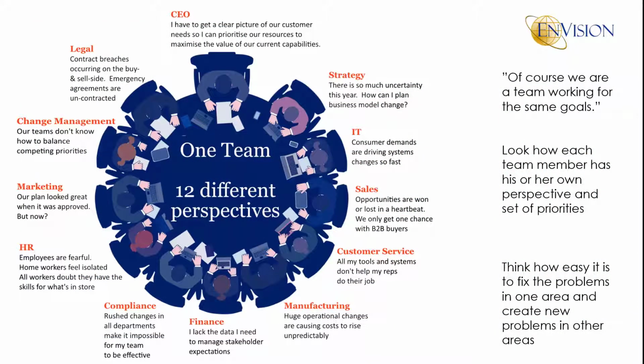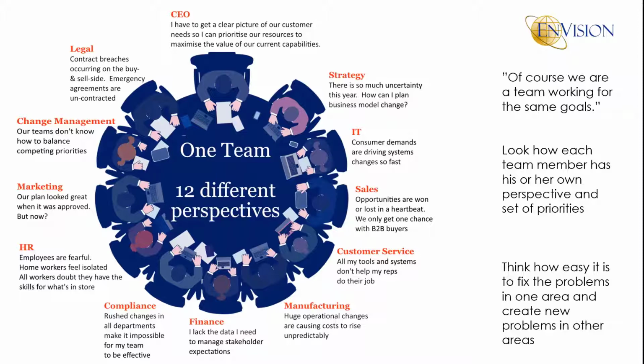Of course, every large organization has an overarching mission statement or set of goals, which helps focus individuals. But every role within the organization has a different perspective. In this picture, we see a typical executive round table where every team member has their own perspective. The CEO is leading the team towards their 2020 goals despite the fact that major external events are destroying previous assumptions.